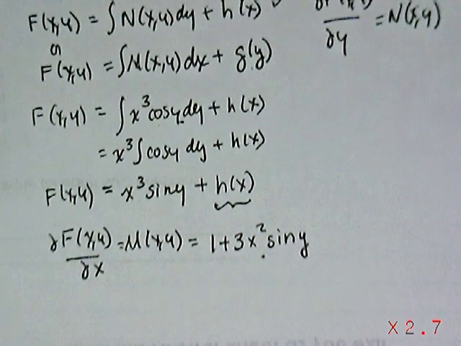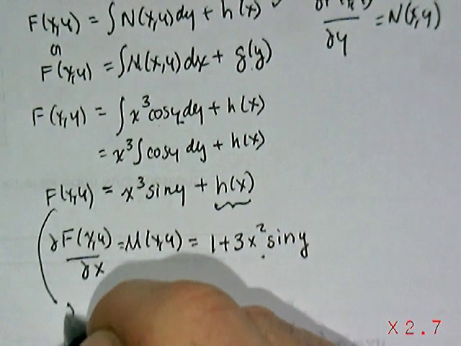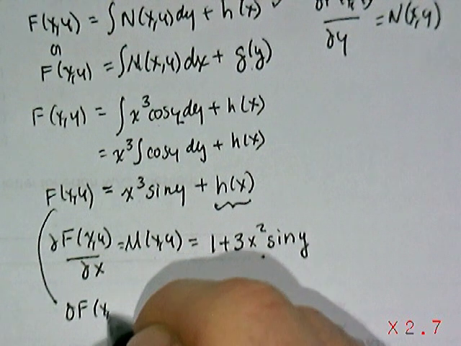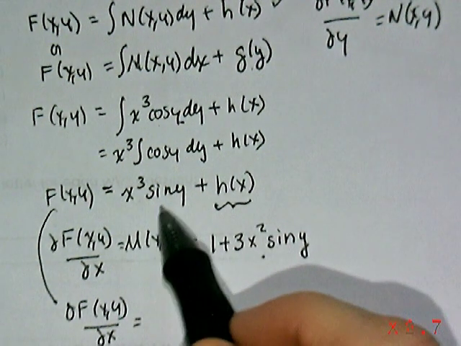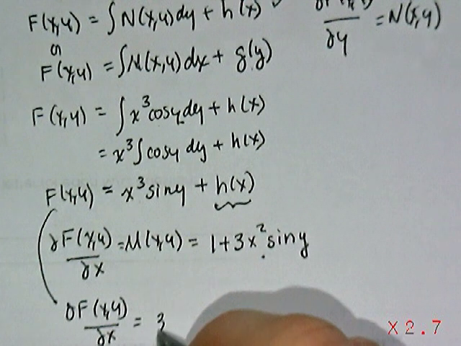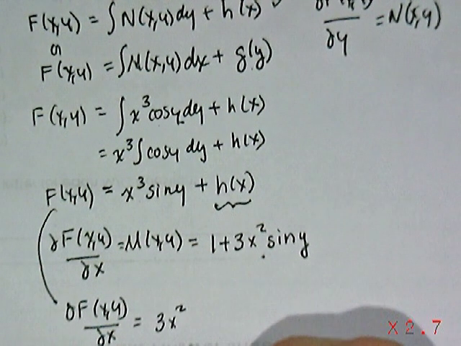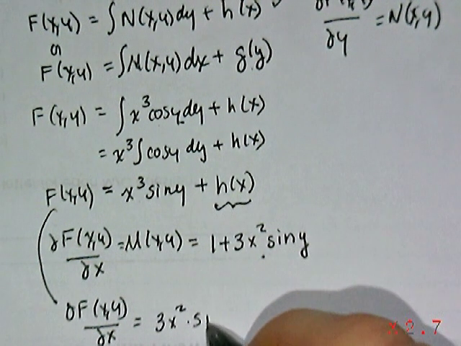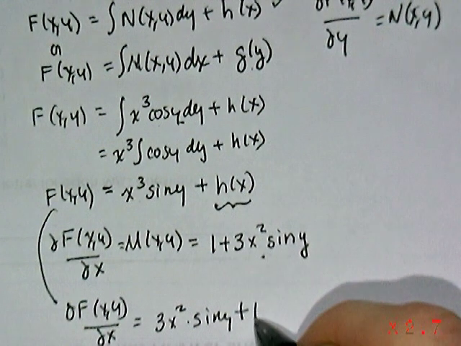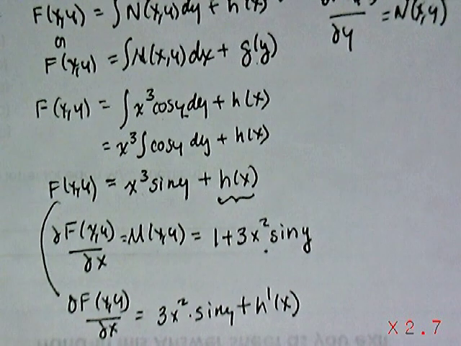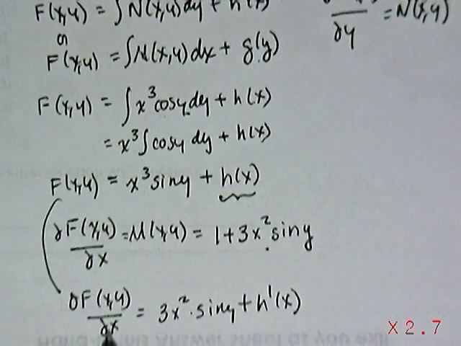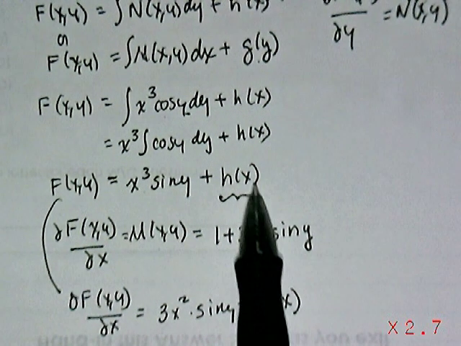So if we do that, bring this down, the partial of f with respect to x would have to be what? Take the derivative with respect to x, hold y constant. That's going to be 3x squared times the sine of y plus the derivative of h. Remember, partial with respect to x means take derivatives with respect to x, hold y terms constant, but there are no y terms here.